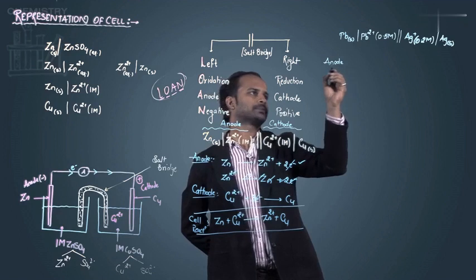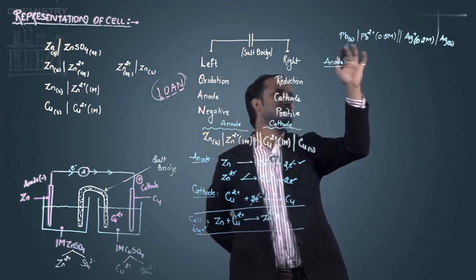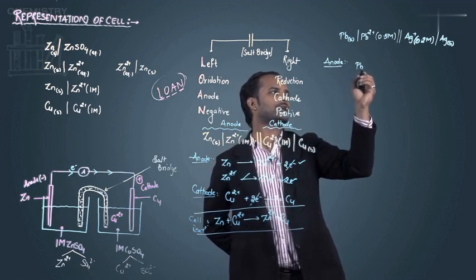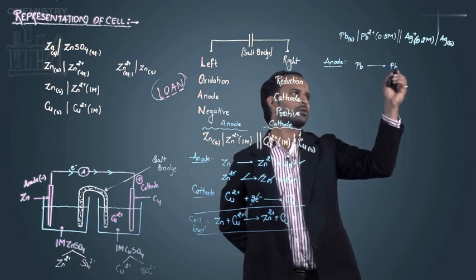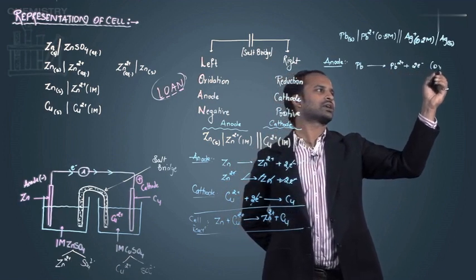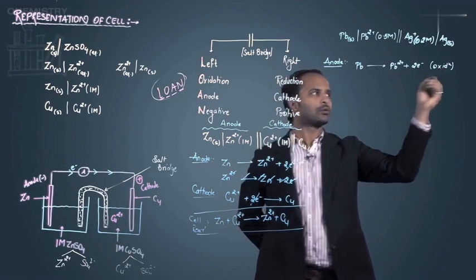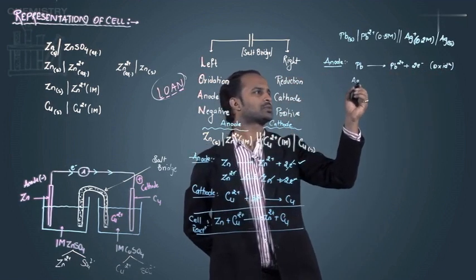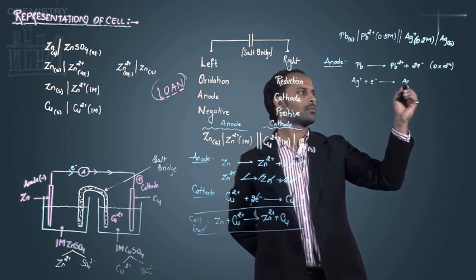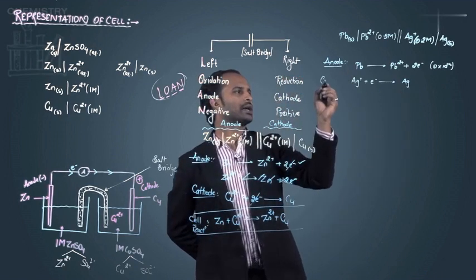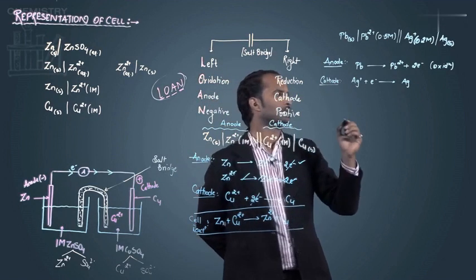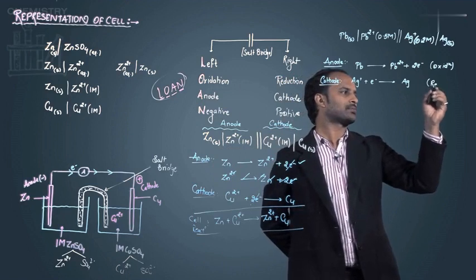What is the anode here? This is the anode, the left hand side part of the salt bridge. So here Pb, the lead, produces Pb2+ plus 2 electrons. That is oxidation. And then Ag+ plus 1 electron gives Ag. This reaction is taking place on the cathode, so this is a reduction reaction.